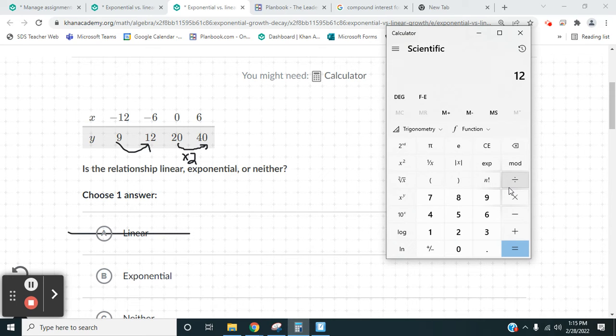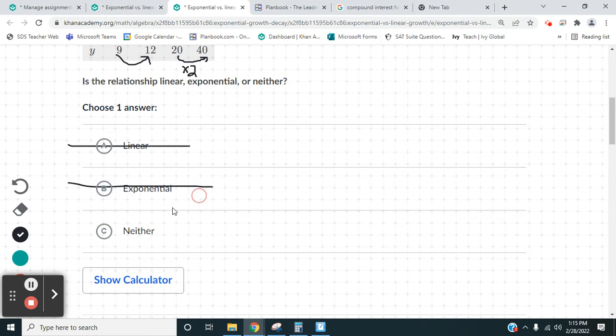You're trying to figure out, how do I go from 9 to 12? Well, work backwards. 12 divided by 9 is 1.3 repeating, right? In order for it to continue, I'd have to take 12 times 1.3 repeating. The next number would have had to have been 16, if you round that up. But it's not 16. So it's not exponential either. In this case, it's neither.